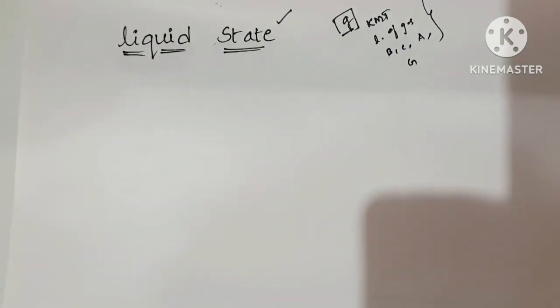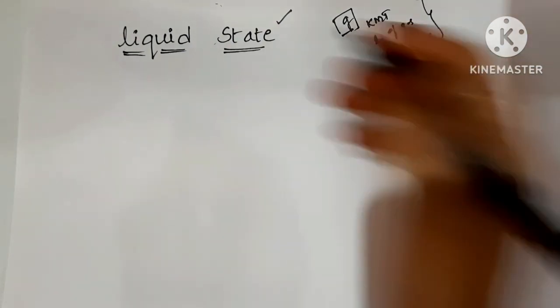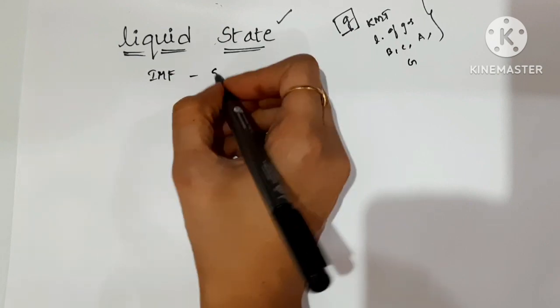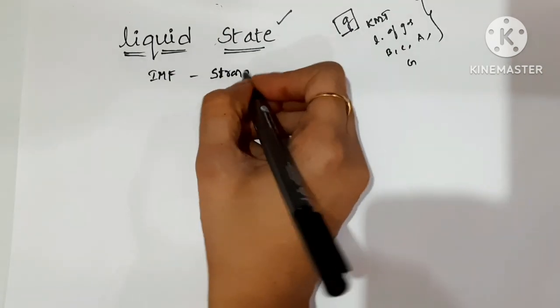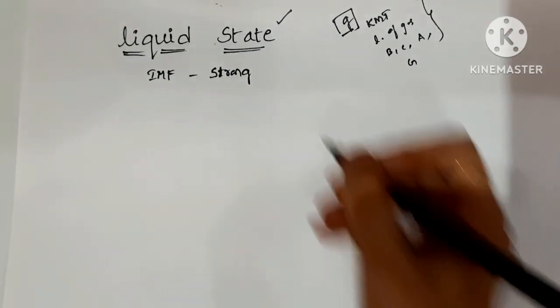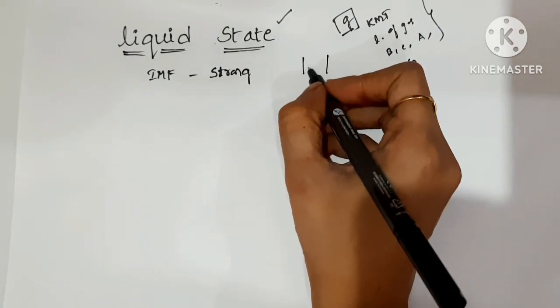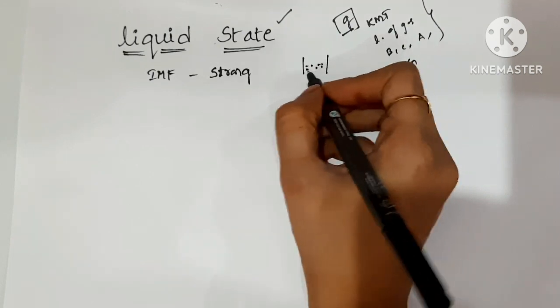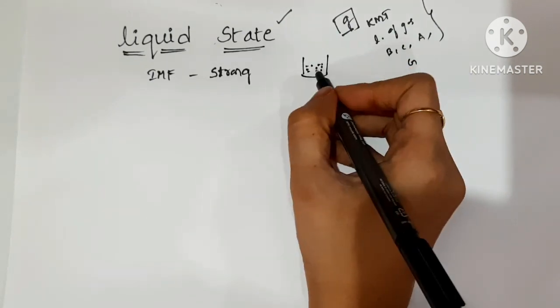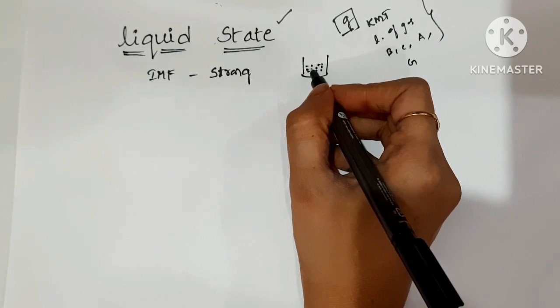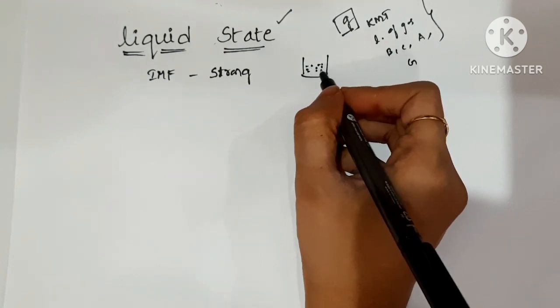In liquid state, generally intermolecular forces are very strong. You have to observe. I am taking some liquid in a beaker. All molecules are placed very closely, right?